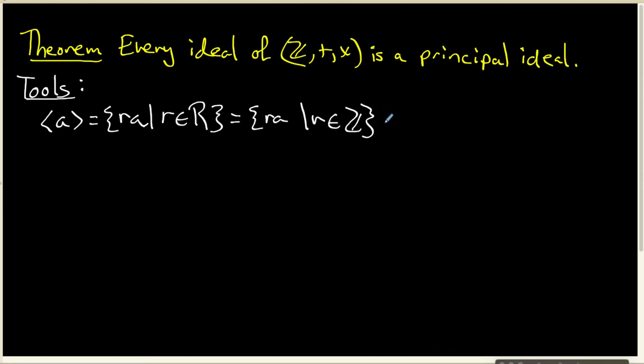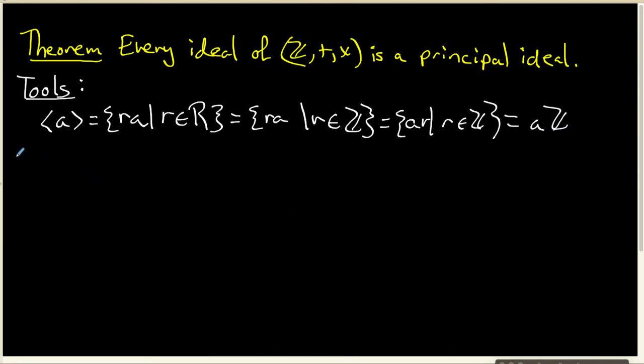And because multiplication is commutative inside the ring of integers, this can also be written as A times R, where R is an integer. And that, of course, is often written as A times Z. So this set here is just another name for A times Z.